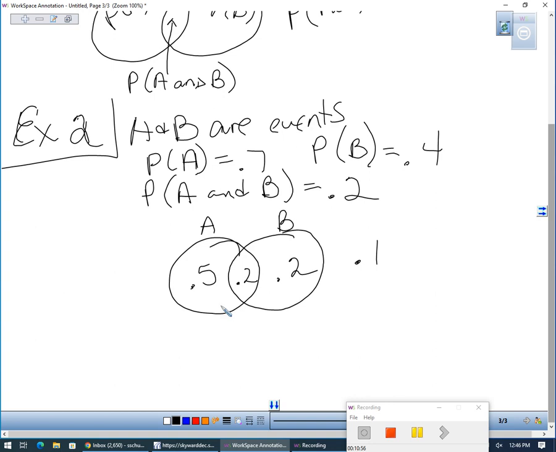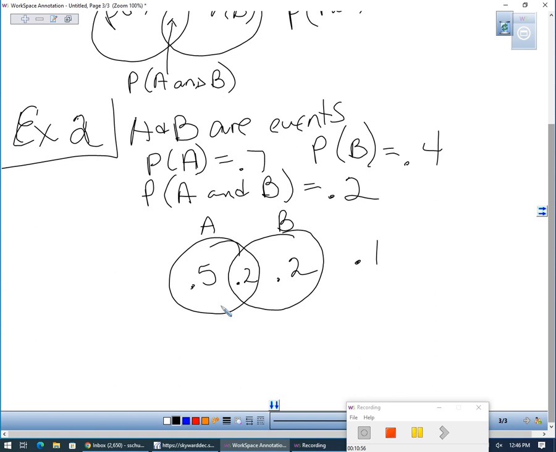Okay. Here are the different things you're given, right? We started with the and because that's the middle part. It's kind of where they overlap and they both occur. Okay, they both are happening. So we put 0.2 in the middle. Okay. Then this whole circle is A. Well, A is 0.7. We already have a 0.2 there, so the remaining part for this part is 0.5.